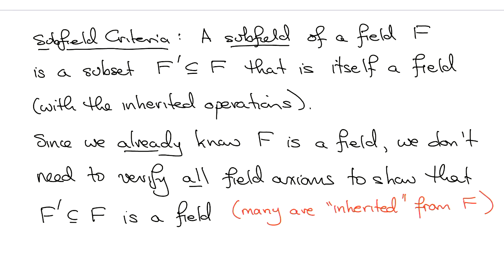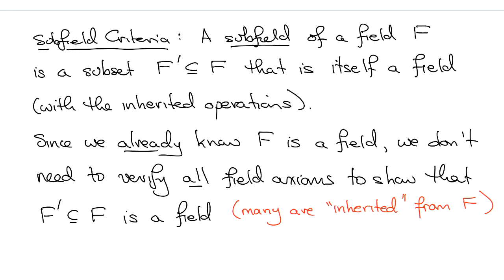Because part of being a field, there were those axioms that were a little bit hidden, is that when you've got a lambda and a mu, then lambda plus mu and lambda times mu are both elements of the field. So essentially a subfield boils down to being closed under the respective operations: addition, multiplication, but also inversion is going to be important. And to have inversion, we better have the 1 in there as well.